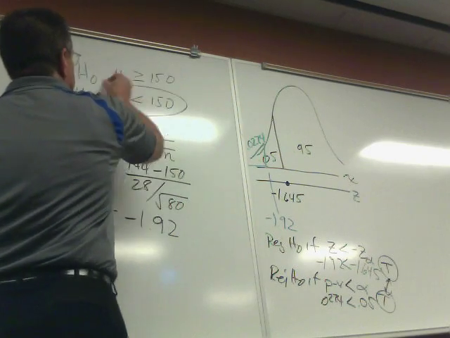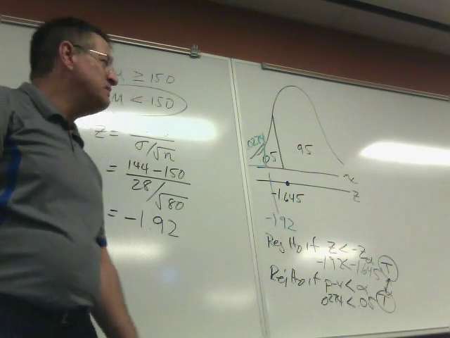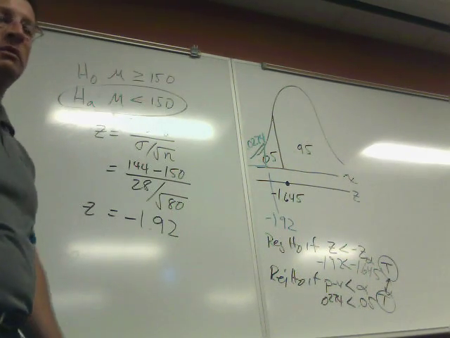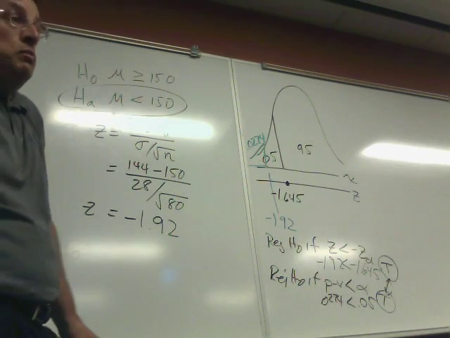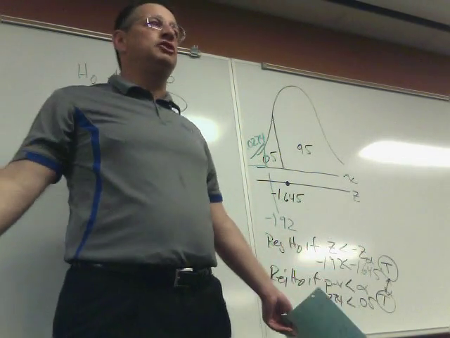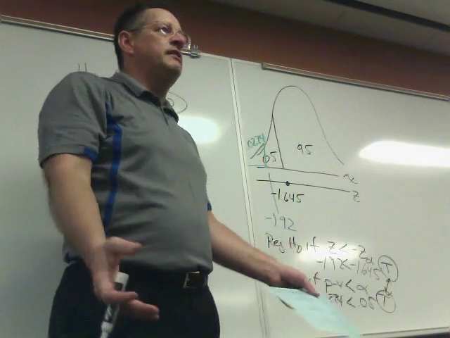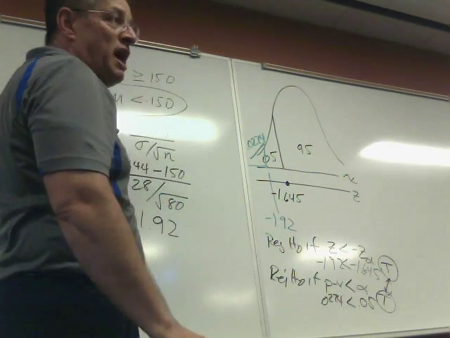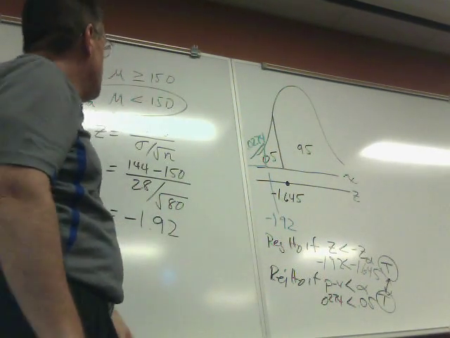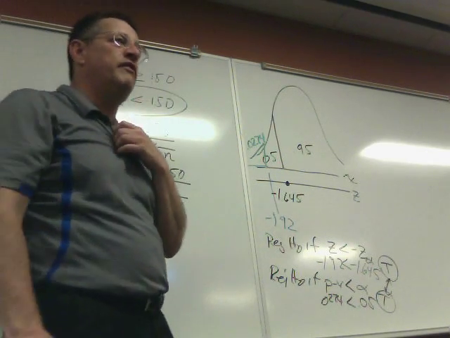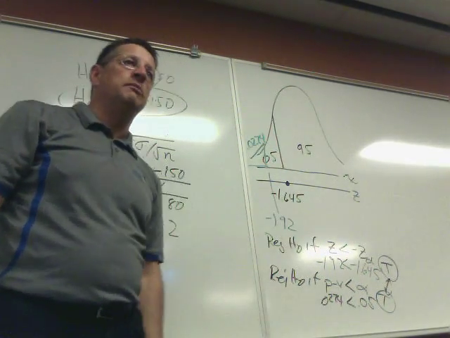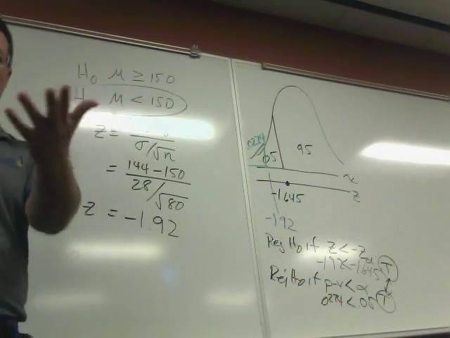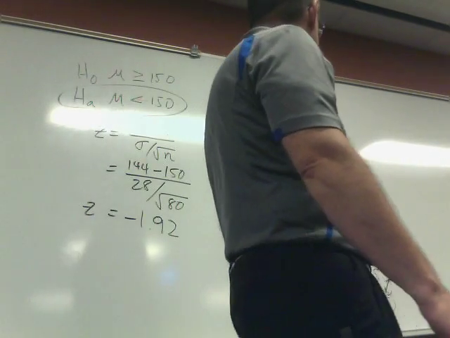That means we're accepting the alternative. The data have told us to reject the null hypothesis and accept the alternative. The mean is actually less than 150. Do your decision based on that. Sometimes they give you a fact pattern here. They didn't give you a fact pattern.